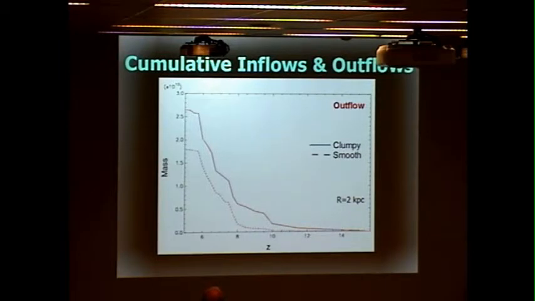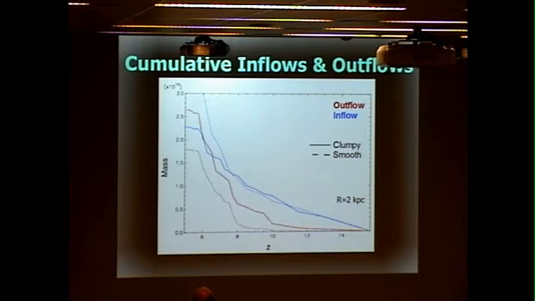So in terms of the long-term effect of what this does, here you're seeing the cumulative gas outflow through a shell at 2 kiloparsecs. The solid line is showing my clumpy model, and the dashed line is showing the smooth accretion. You can see we're driving much stronger outflows at all times with this clumpy accretion model, which is what we would expect to find.